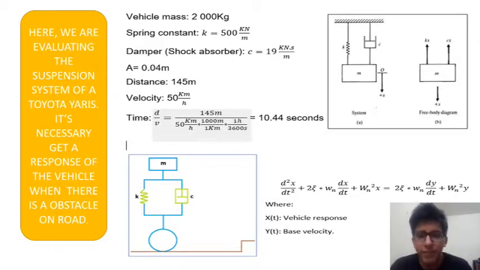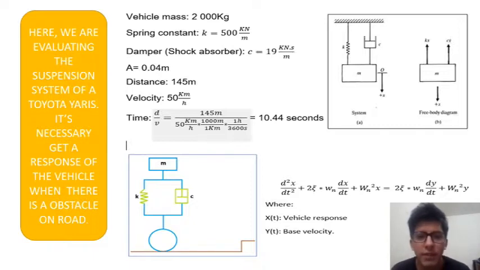Here in the first part we need to evaluate the suspension system. For this we have a Toyota Yaris. We need to evaluate the vehicle when it passes over a bump.